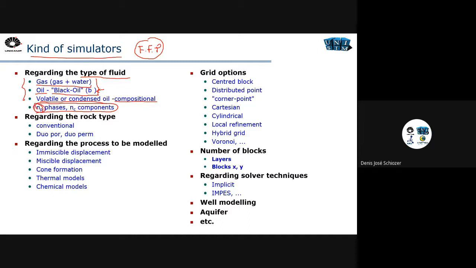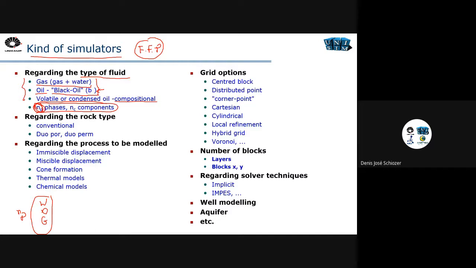So remember this, because I'm going to use it a lot in the equations. So the phases, for example, for black oil models are water, oil, and gas. Okay, so we have these three phases in the reservoir. So if you have three phases, we have NP equals 3, right? So we're going to write 3 equations to try to mimic this flow behavior.